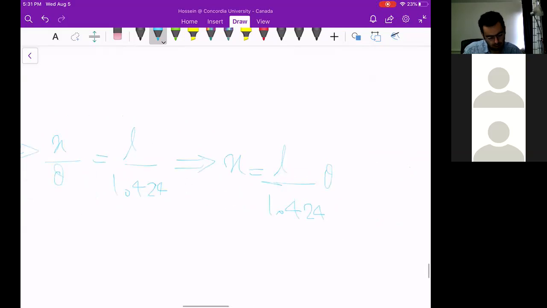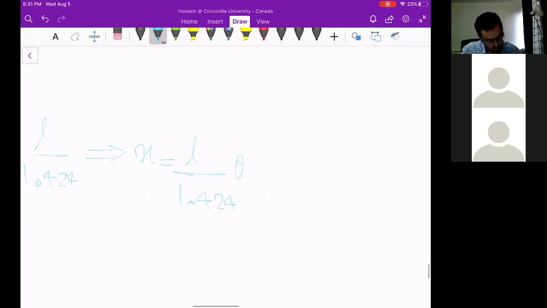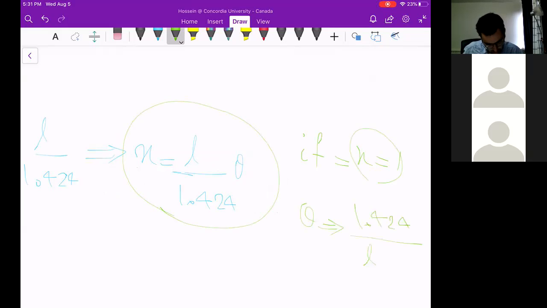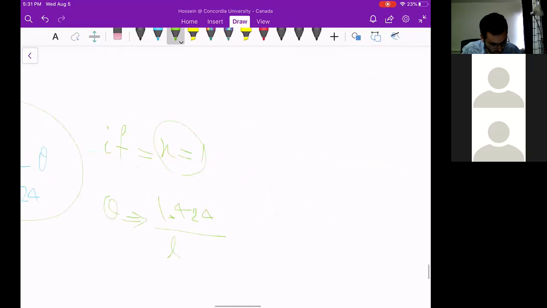If x is 1, therefore theta would be 1.424 over L. This is how you have to construct the first one.